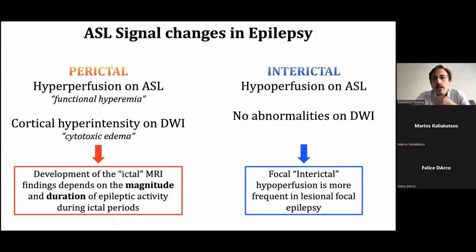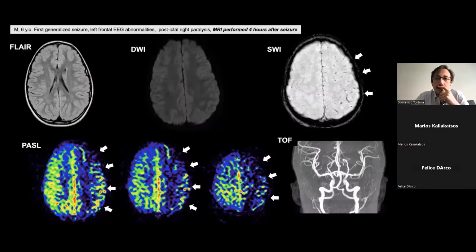On the other hand, if you perform ASL during the interictal phase, you may observe a normal pattern of perfusion, or sometimes you can also observe hypoperfusion, in particular in cases when there is an epileptic lesion, such as a low-grade tumor or a focal cortical dysplasia. But there are some exceptions to this rule of thumb.